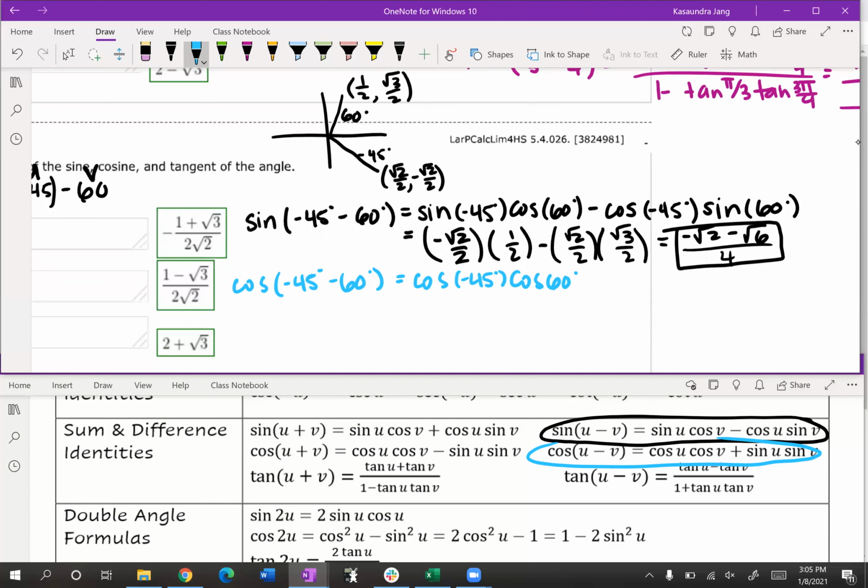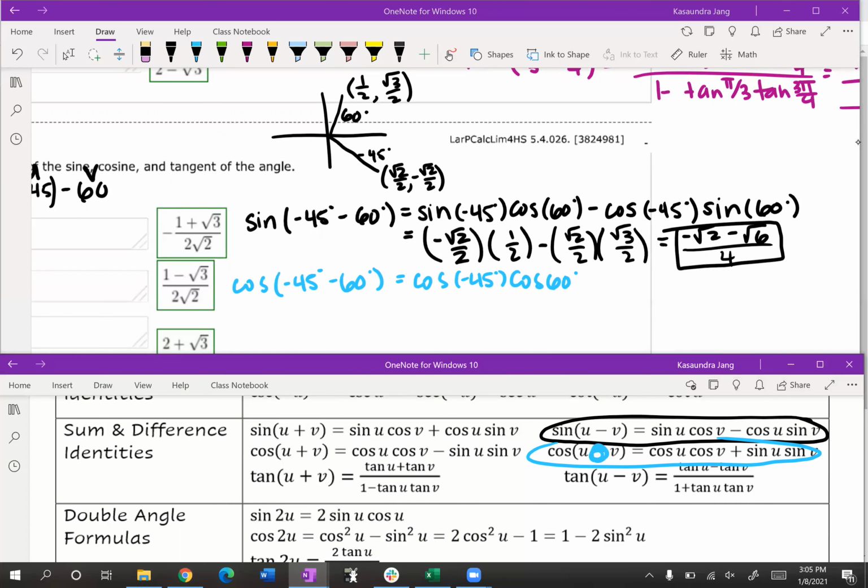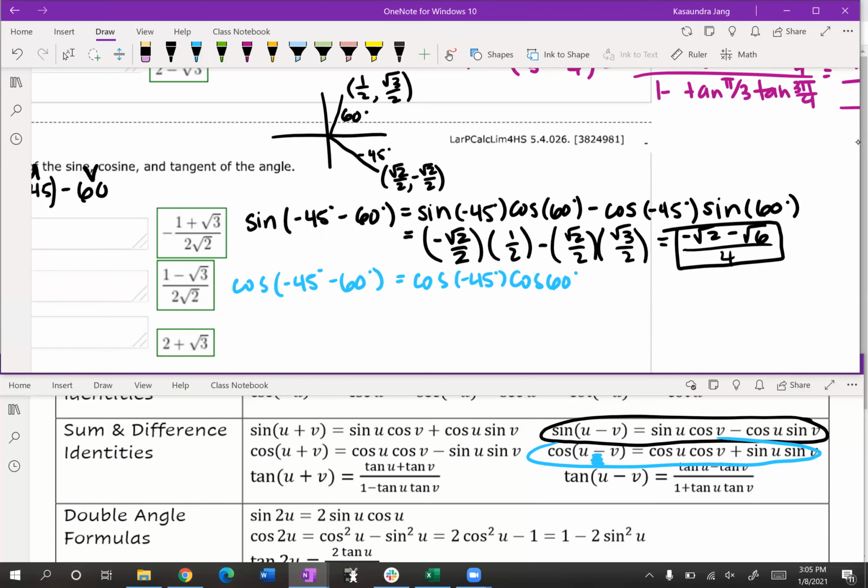I think the mistake I usually see on this is people think this is a negative 60. The negative itself is in the identity. Cosine of u minus v. So the negative right here is already taken care of. The v itself, what I'm subtracting, is a positive 60. So make sure your v, in this case, is a positive 60.